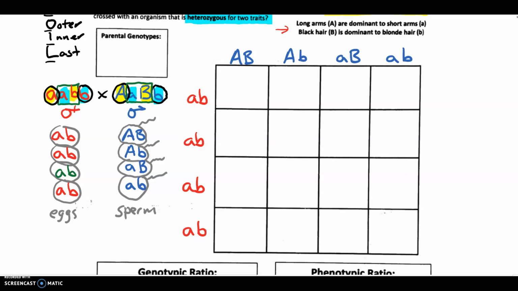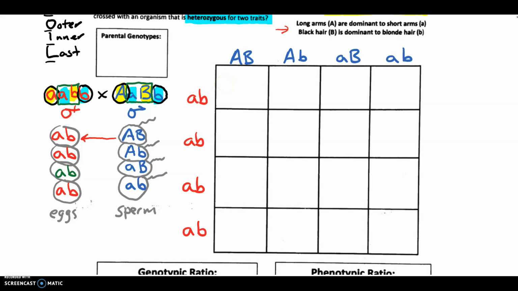Okay? So now what we're doing is just like any Punnett square, we are looking for the combinations of these sex cells. So basically what's going to happen when this sperm cell fertilizes this egg cell? And we're going to write that combination in the box. So I'm going to use a new color.